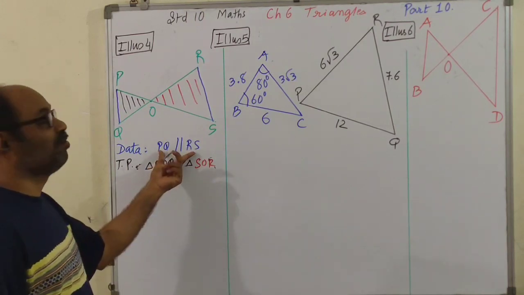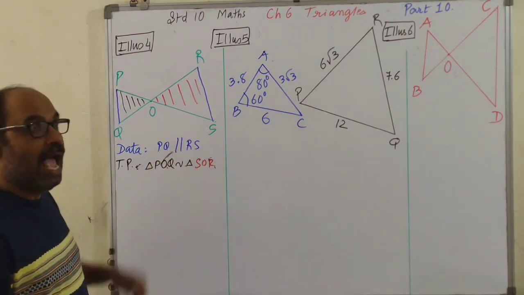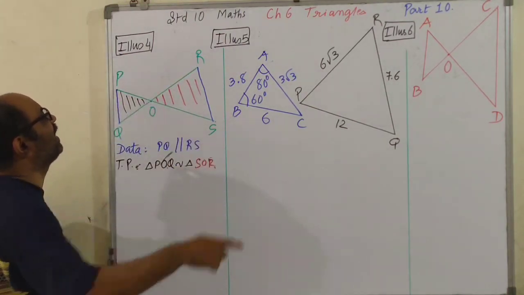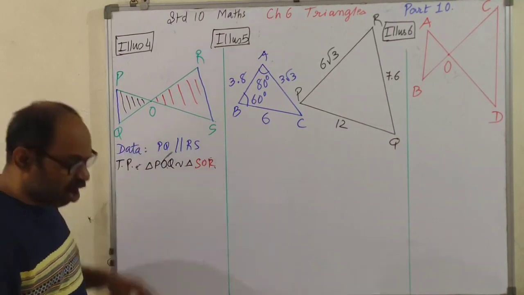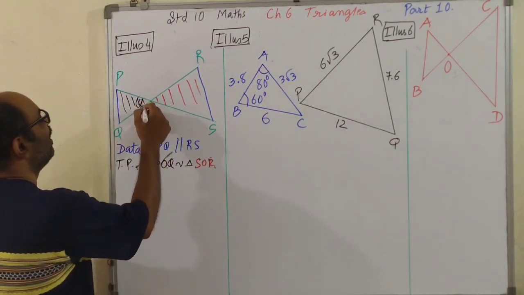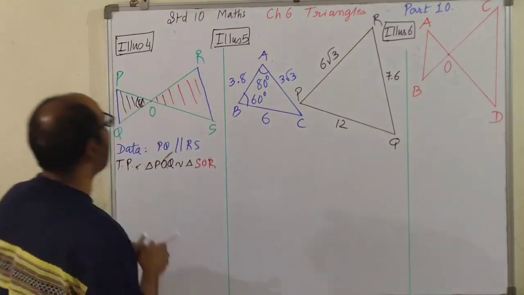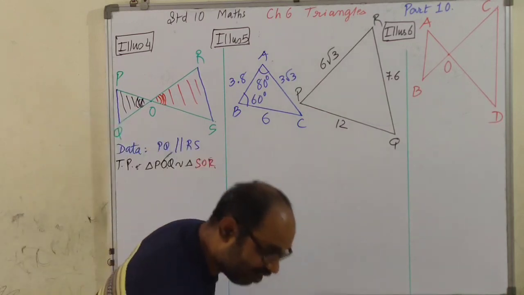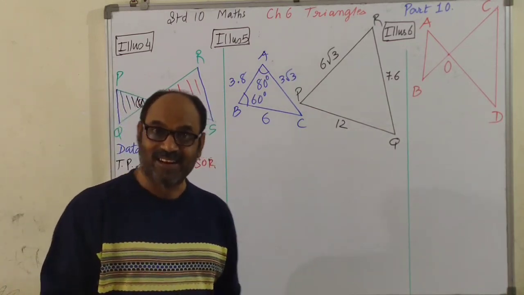But we are given these 2 are parallel. And always see this: QR is intersecting PS at point O. So this black angle is equal to this red angle. That is vertically opposite angle. So at least I got one angle.